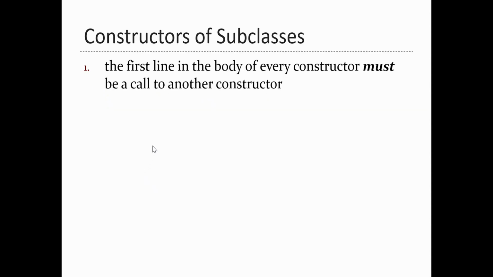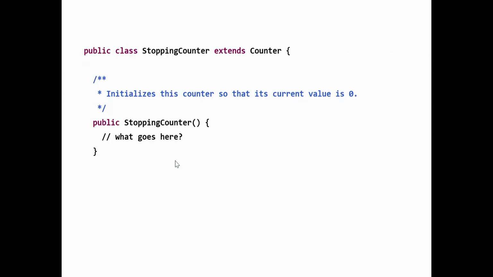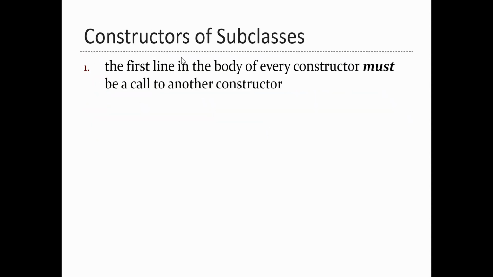All right. Now there's a bunch of rules related to this. As soon as you create a subclass, you have to be aware of the rules regarding what your constructors look like. In a subclass, the first line in the body of every constructor must be the call to another constructor. That's rule number 1.